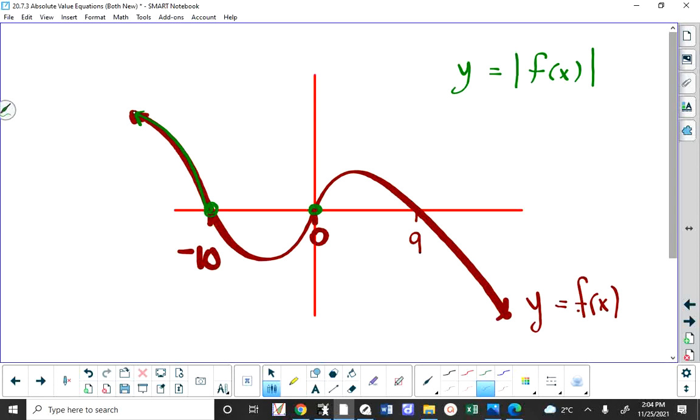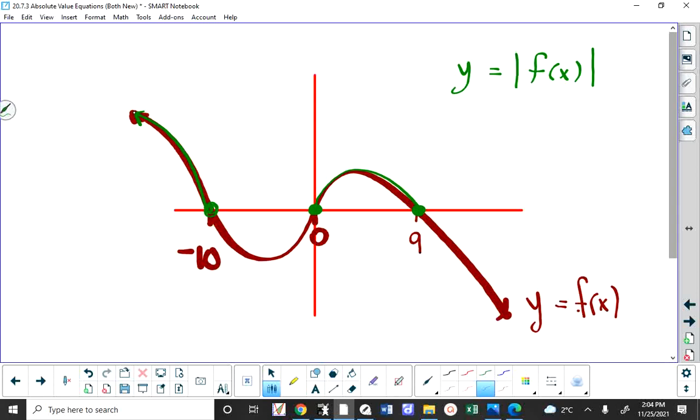This point and this point, which have y coordinates of 0, the absolute value of that y coordinate will still be 0. It doesn't change. But this as well won't change. Does it ring a bell? There's nothing to do with piecewise functions just yet.